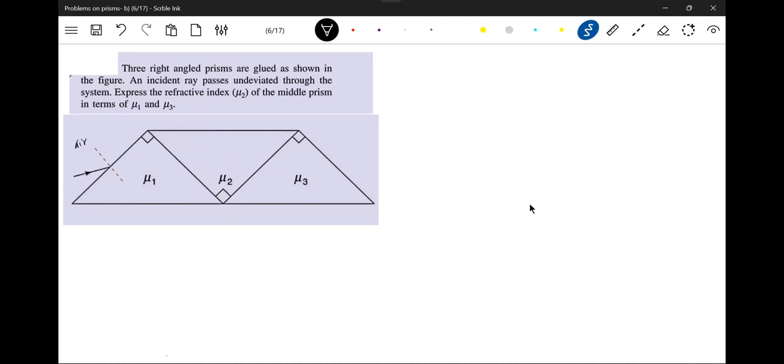So the ray from slightly may not be parallel. Not parallel. Okay.